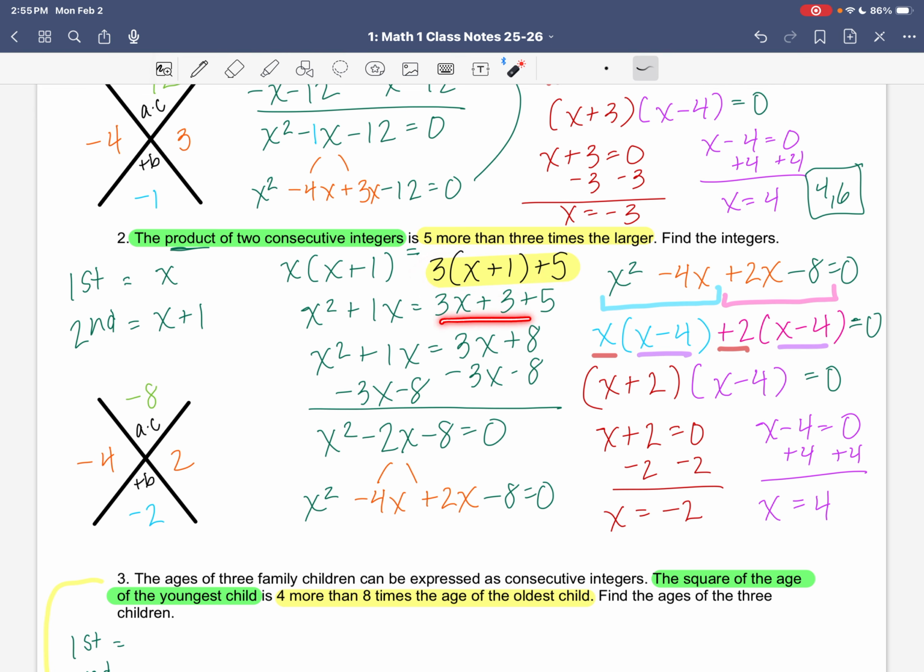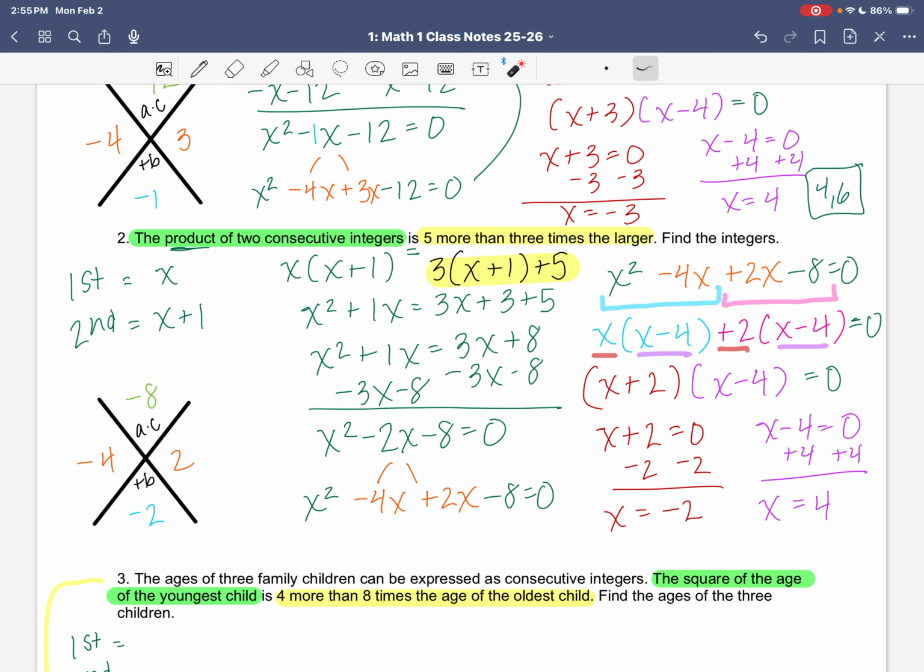So now go ahead and multiply that out, combine like terms. And then now, since we've got the plus x over here, we're going to move these guys over to this side. And you'll get x squared minus 2x minus 8 equals 0. Go ahead, factor. And then when you factor it out, you should get x plus 2, x minus 4 equals 0. And then in this case, it doesn't specify even or odd, so we can use both of those.